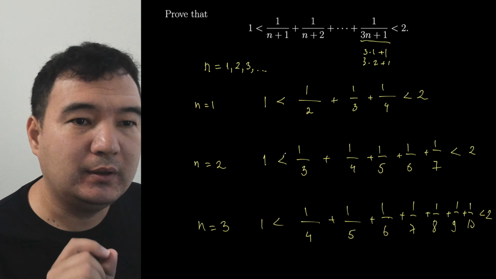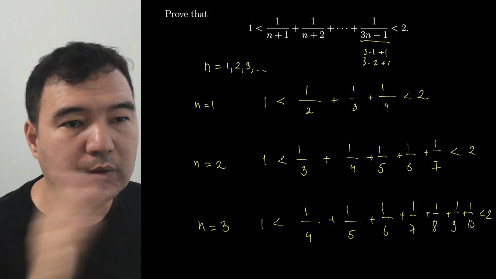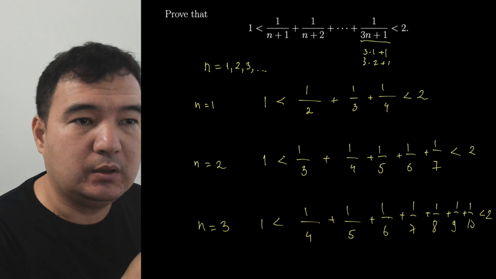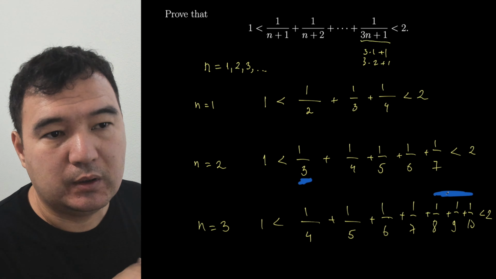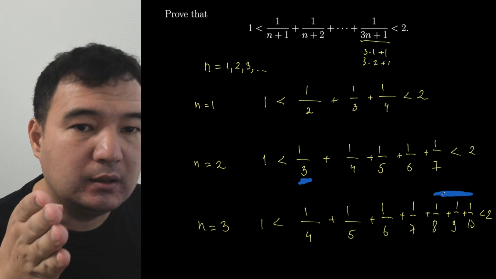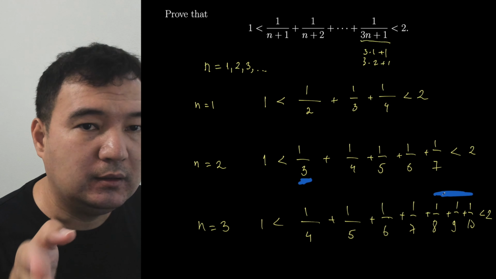So if you want to do induction, when you go from k to k plus 1, you can see that there will be 1 extra term in k and 3 extra terms in k plus 1. So that's the difference between the sum value of n and the next one.